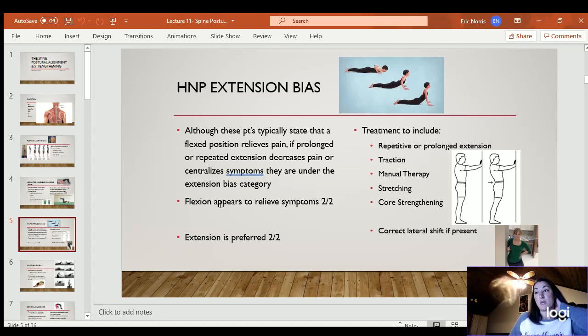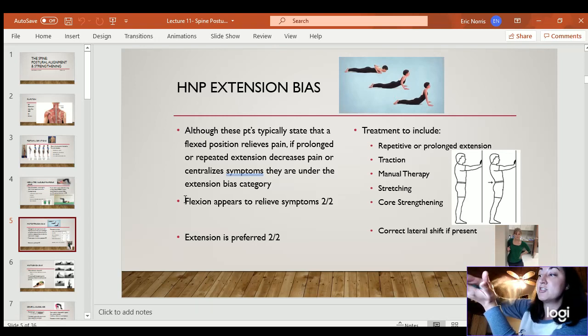So with this bullet point here, flexion appears to relieve symptoms because, if this is the disc, typically in flexion the front of the disc gets closer together and the back part is more open, and everything is pushed towards the back. I'll use this. This is the gel that's now pushed to the back.